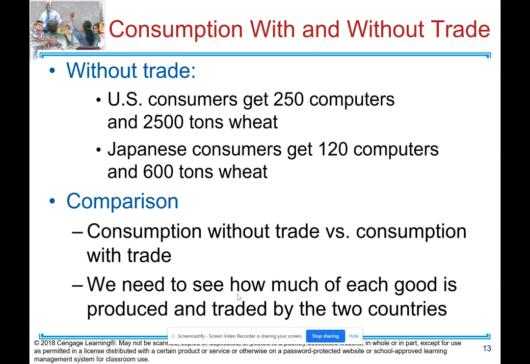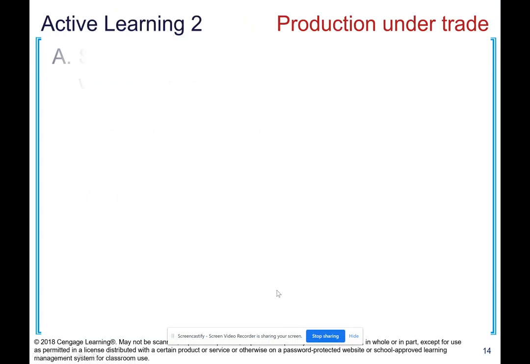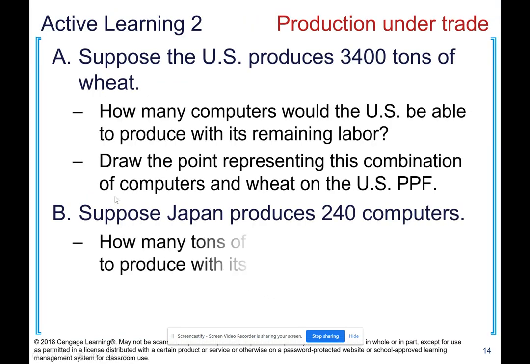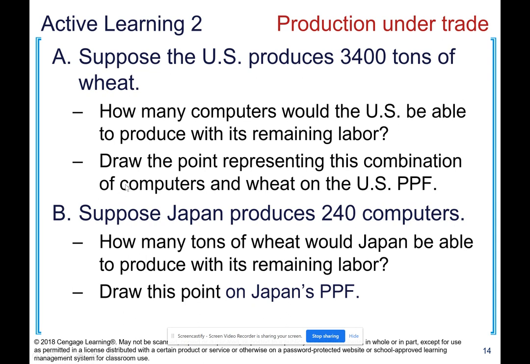We need to see how much of each good is produced and traded by the two countries. So let us see a trading scenario here. If the US decides to trade with Japan, here is an active learning exercise. Suppose the US decides to produce 3,400 tons of wheat.